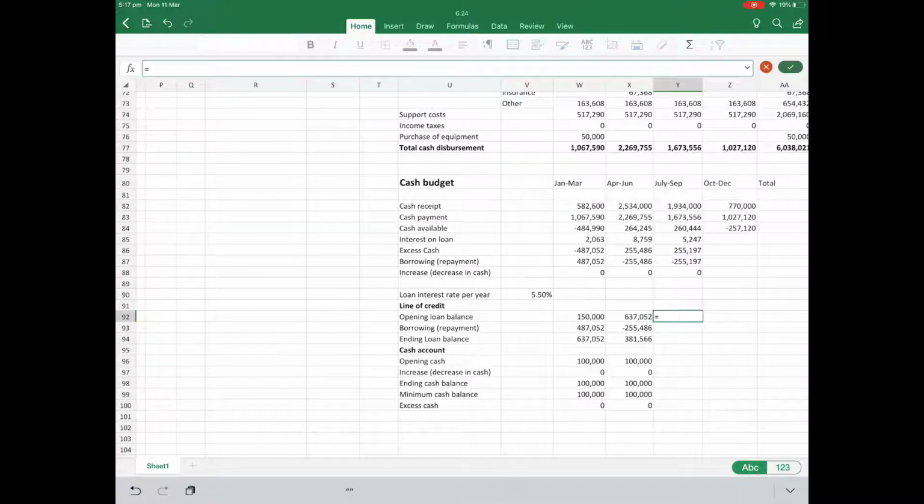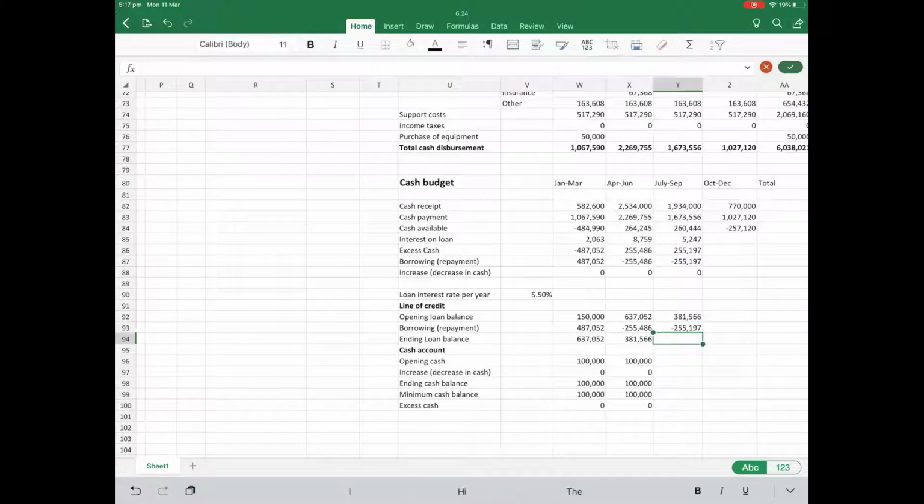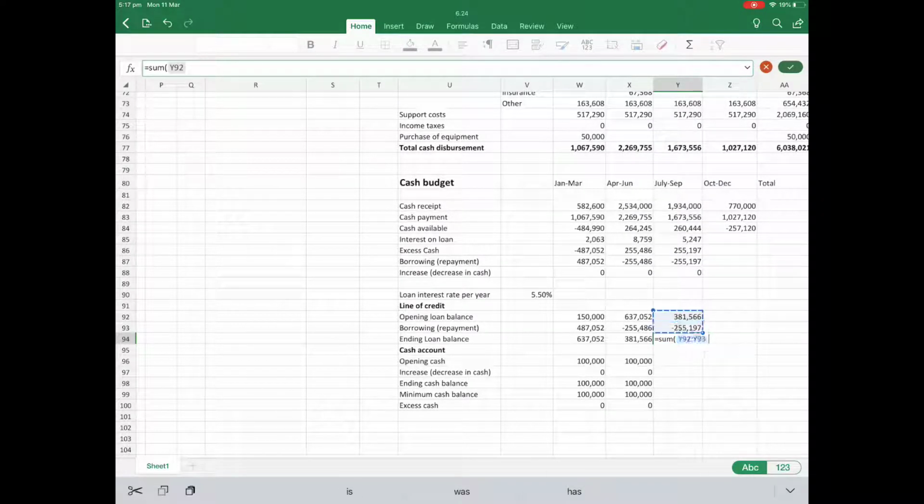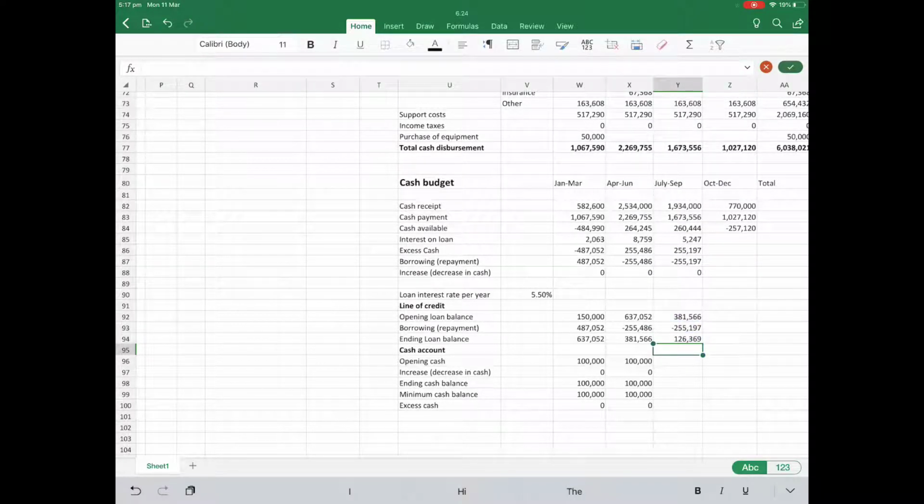Now the opening loan balance is this, which is the ending loan balance last period. We make some repayment. Okay, so again for this quarter the amount of loan we take from the bank has reduced.